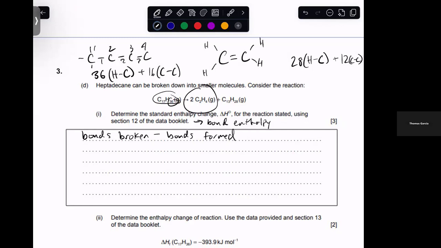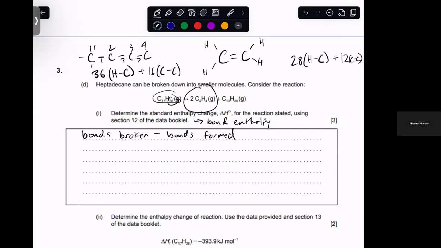So I find from this that I have, for my bonds broken, 36 hydrogen carbon bonds. I also have 16 carbon carbon bonds. These are my bonds broken.